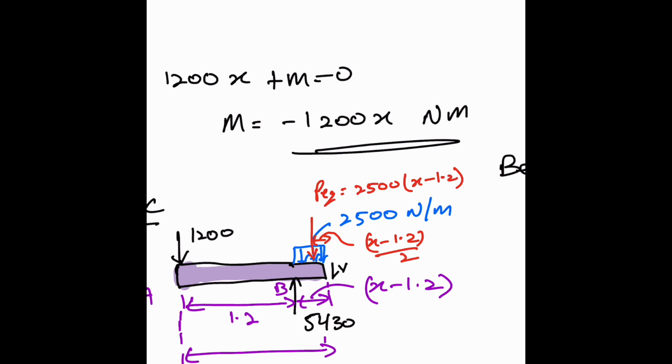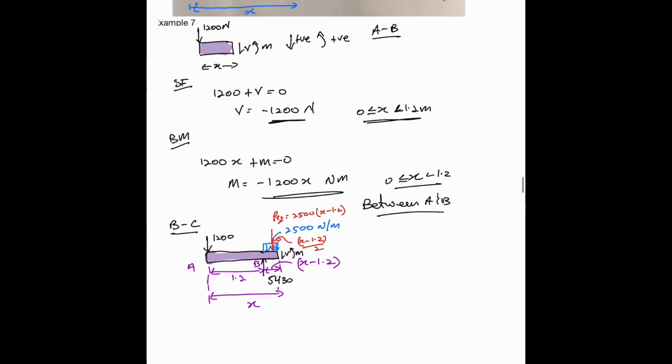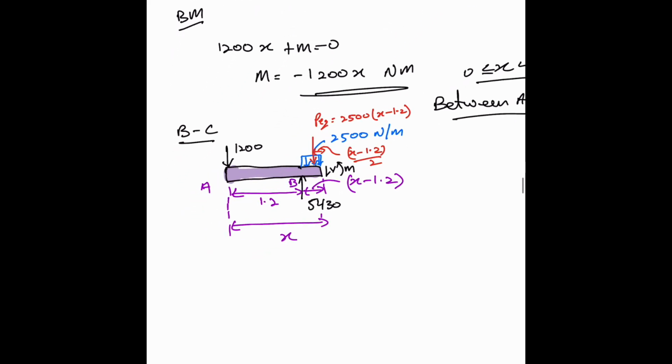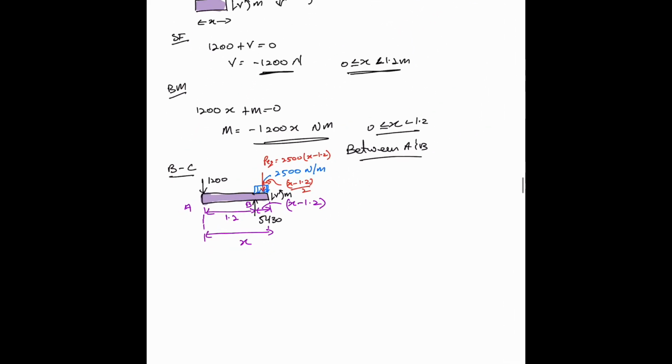We have V and we have our bending moment M. So we have our free body diagram for that section.